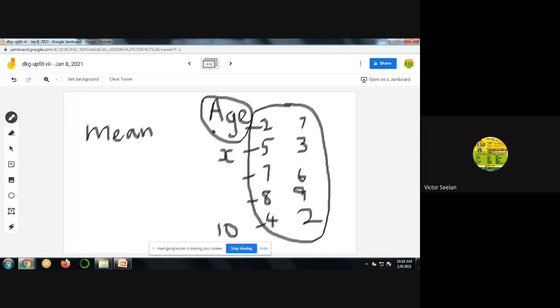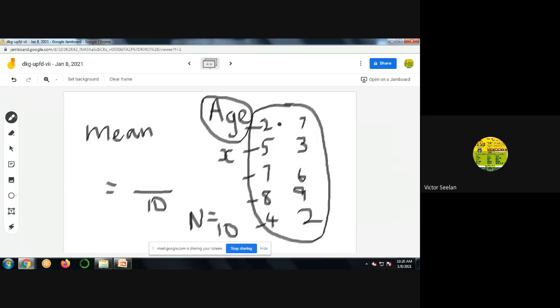For age, the variable is x, and totally we are taking 10 students, that is n. To get the average, we add all these values and divide by the number of students.